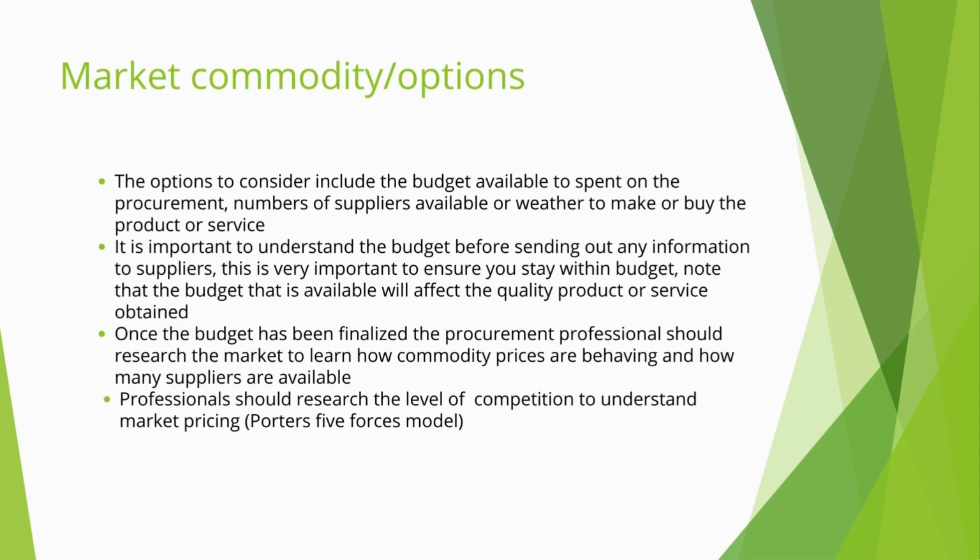Because once you have an understanding of market prices, for instance, market prices for raw materials, if they are favorable, you are in a better position to know if it is indeed the right time to procure, to make in-house or to outsource to an external supplier.